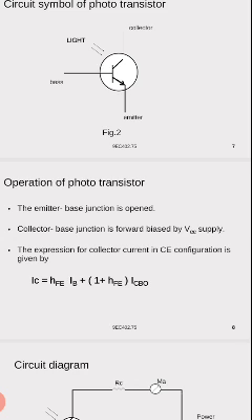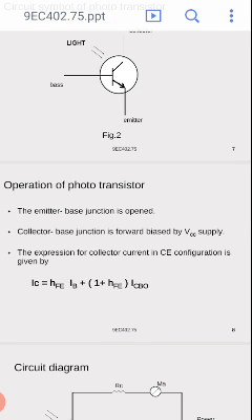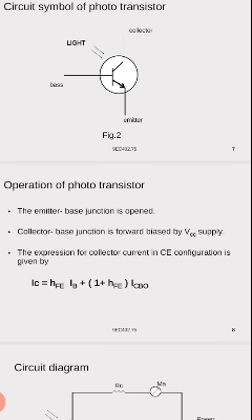If we neglect the leakage current, considering it as 0, IC equals HFE into IB, or IC equals beta into IB.